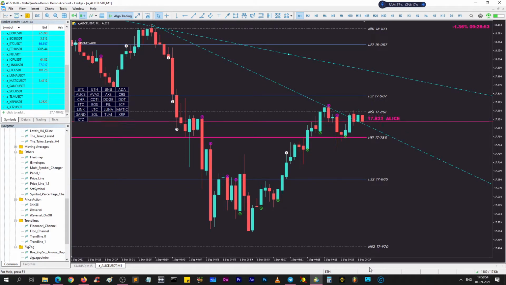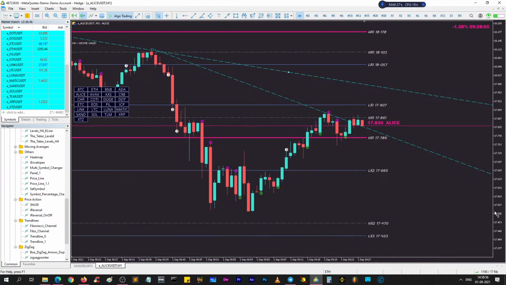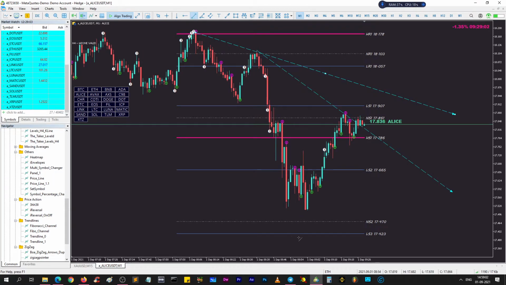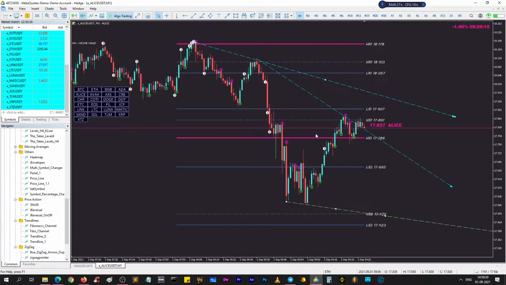Otherwise price will go down, and go down up to where? Simply connect these two lows. You have to find the first target, right? Let's say if you sell here, where should price go? ns2. If price keeps falling, this will be approximately the area where price may go. And if it doesn't go there, then your SL will hit and price will go upward.